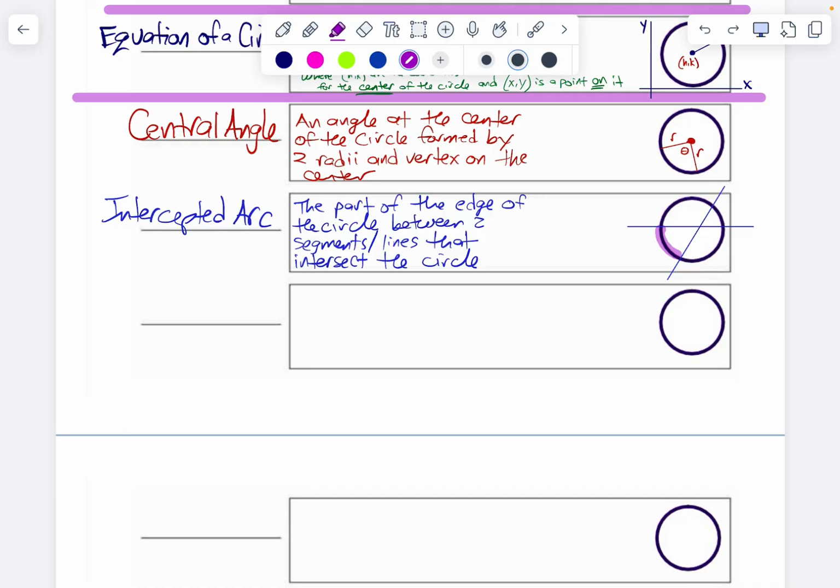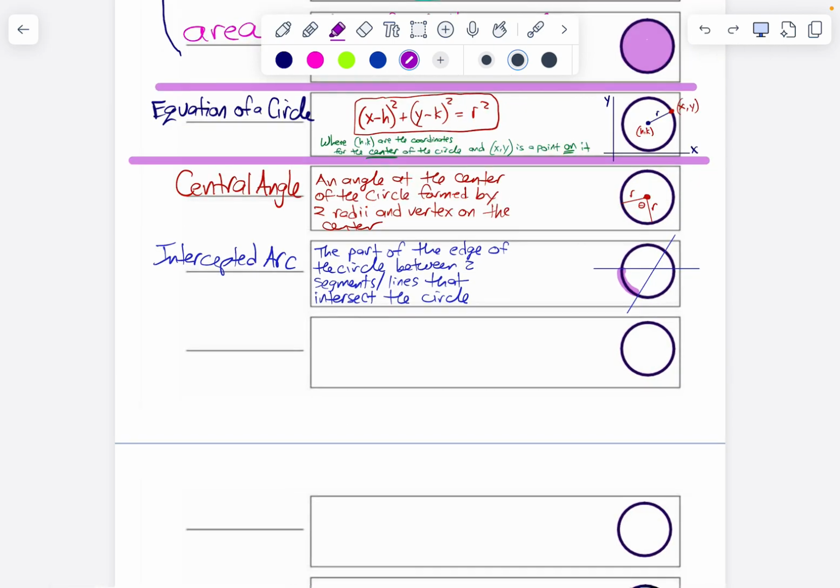This can also be true if we're talking about a radius that intersects the circle. So maybe if you want, you could draw a second circle and show that we're doing this also with 2 radii as well.